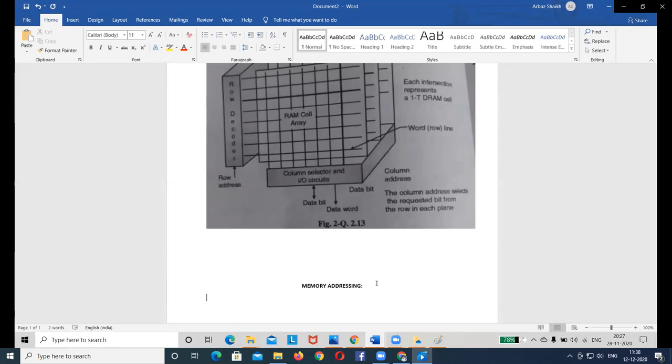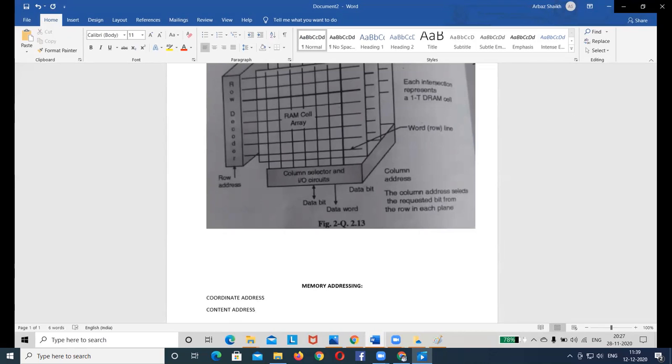Addressing strategies are coordinate address and content address. First, coordinate address.